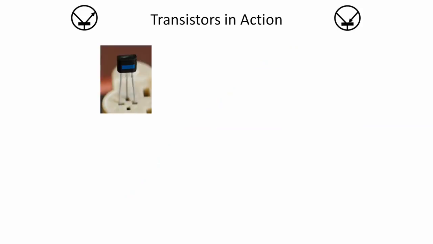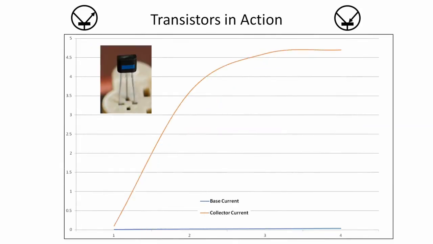On then to the blue transistor, and as you can see, the base current along the bottom in blue is still rising at the same level. Collector current rises, if anything, even more steeply than the yellow transistor, so it's clearly a different level of performance.